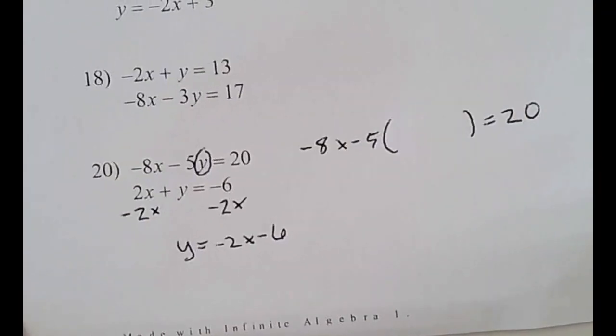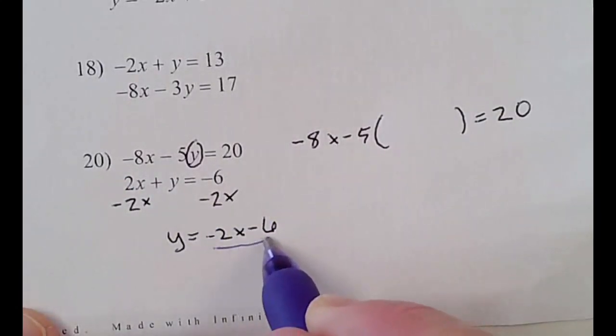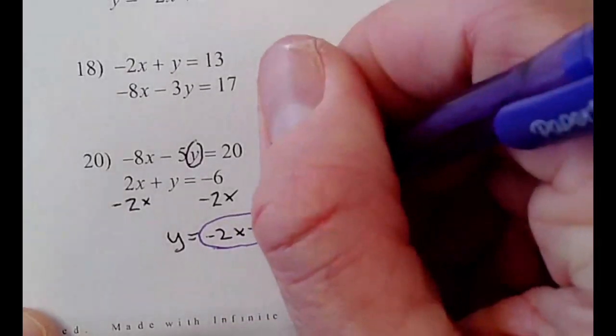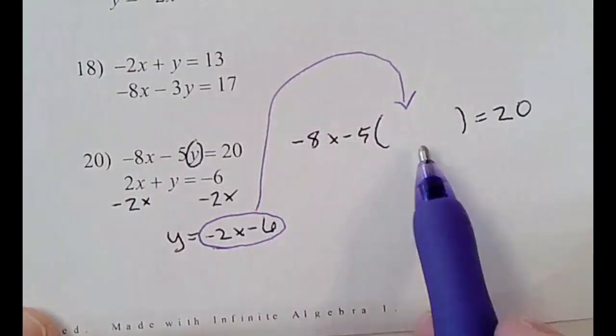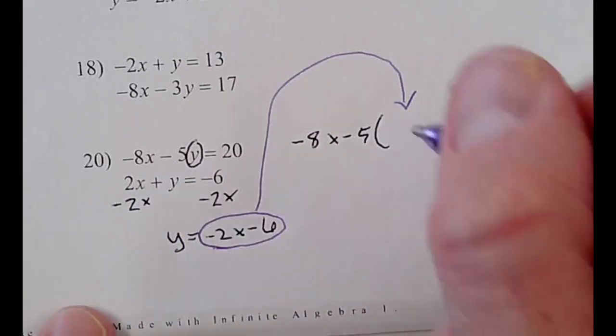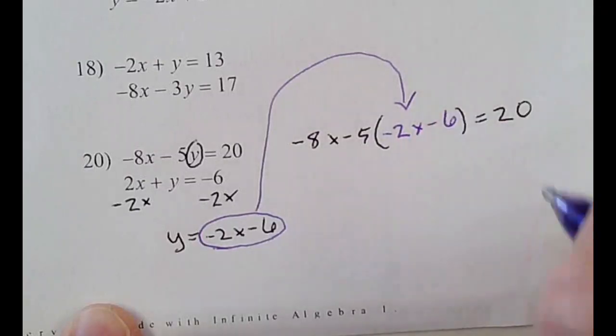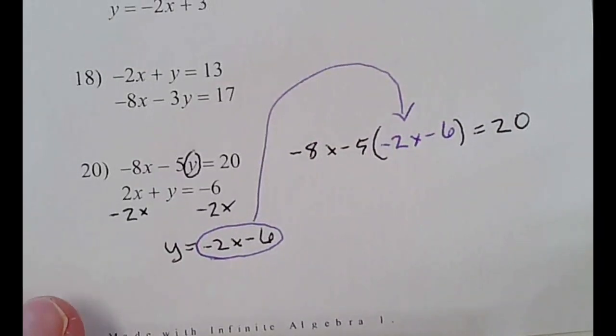So, I have my equation set up, and I take this negative 2x minus 6 and I plug it right in there, because that is what y is, you see. Negative 2x minus 6 in there.